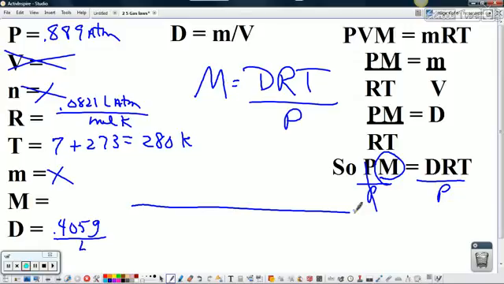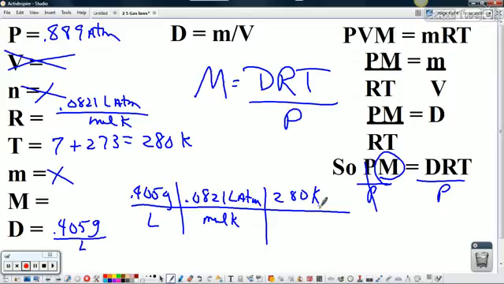My density is a fraction, so I need a top and a bottom: 0.405 grams per liter. My R is a fraction, so I need top and bottom, and since the R is on the top, the number goes on the top. My T is 280, and my P is 0.889 atm.